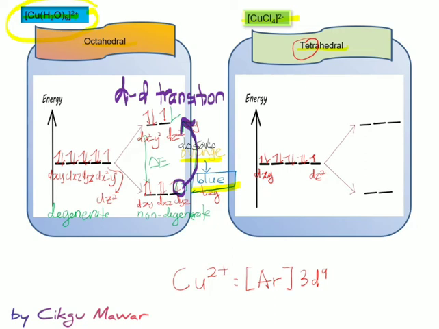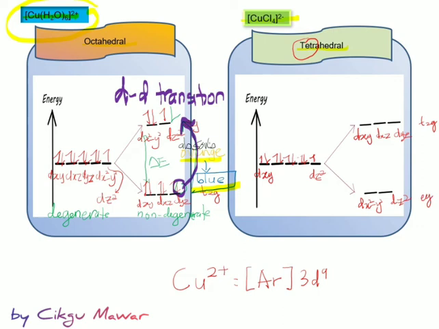So this is the dxy orbital, the dxz orbital, and the dyz orbital, which are the non-axial orbitals, and this is the t2g level, which becomes the higher energy level for tetrahedral. Why for the lower energy level? This is the dx²-y² and the dz² orbitals as the lower energy, which is the eg level.